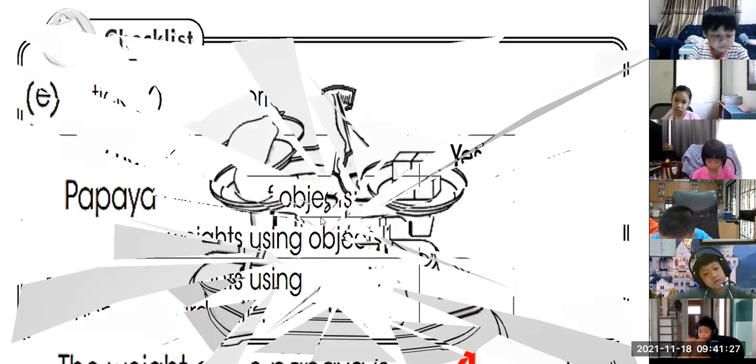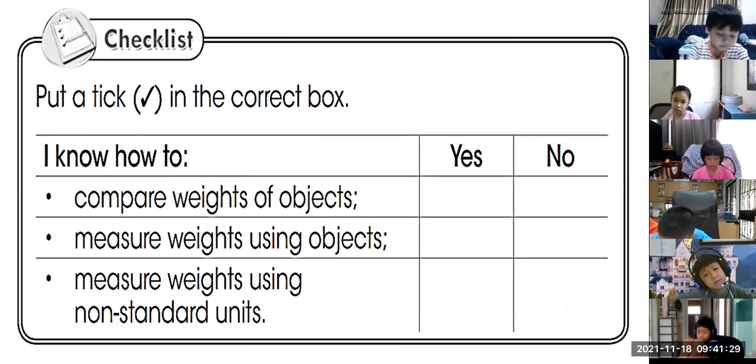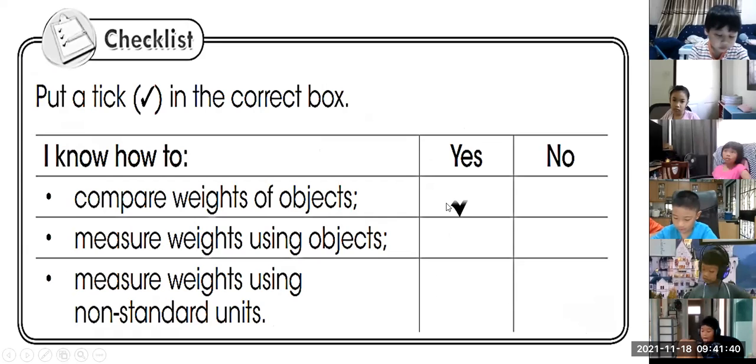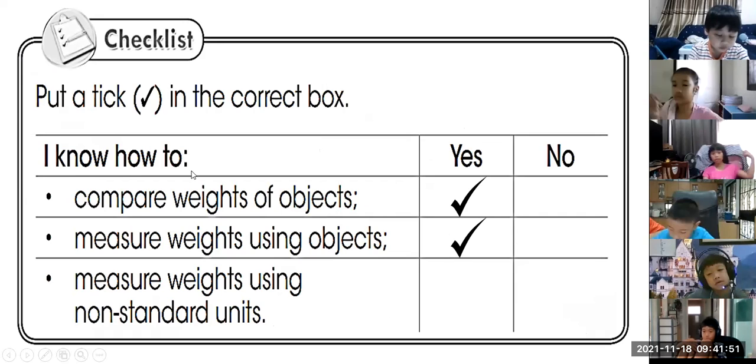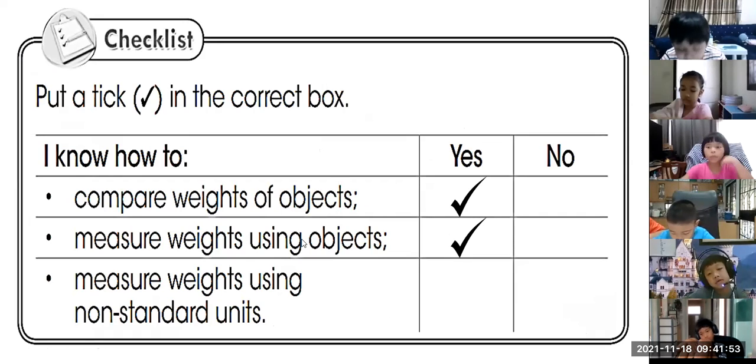Now please check the book on page 95. Put a tick in the correct box. I know how to compare weights of objects, so please tick it there. And measure weight using objects. You know how to compare and how to measure using objects.